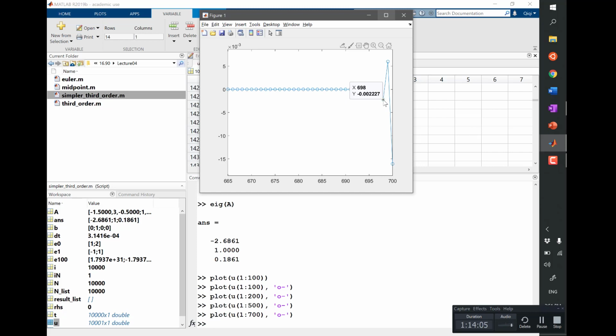That's roughly the magnitude of the eigenvalue that causes the trouble, minus 2.68. So what we see is that the solution very faithfully blows up according to the eigenvalue of the matrix. The largest eigenvalue, the eigenvalue with the largest magnitude.